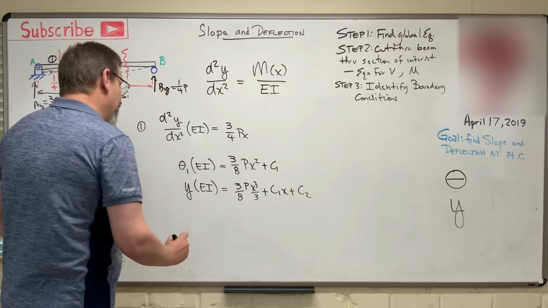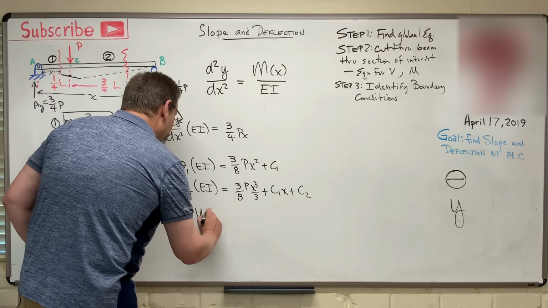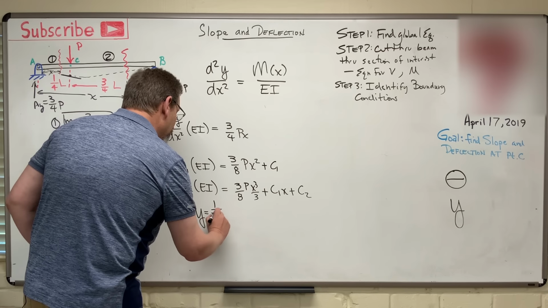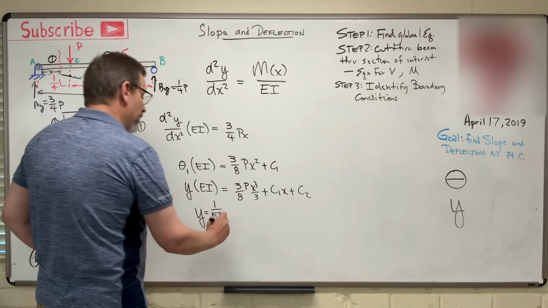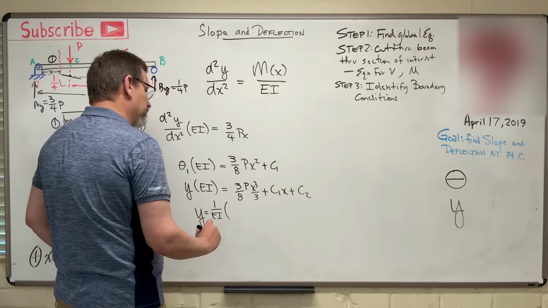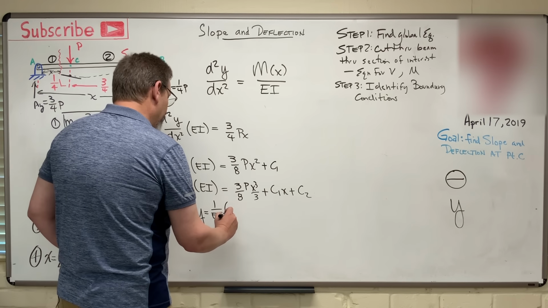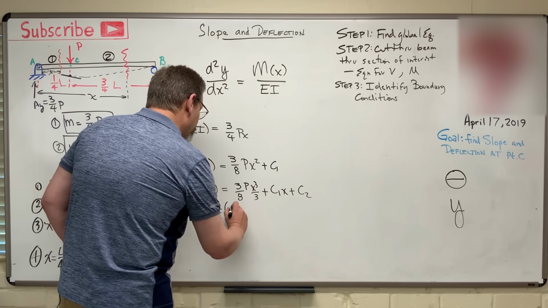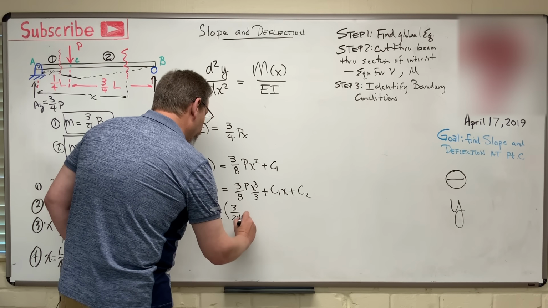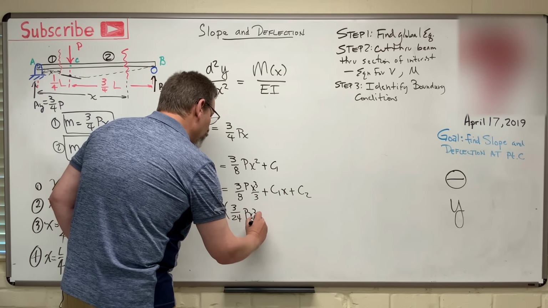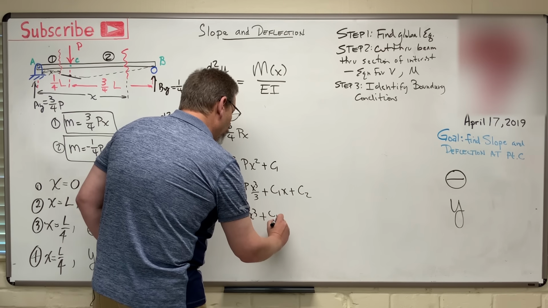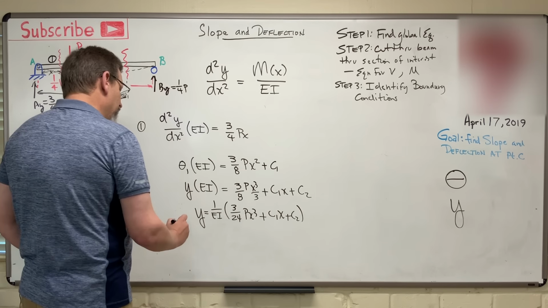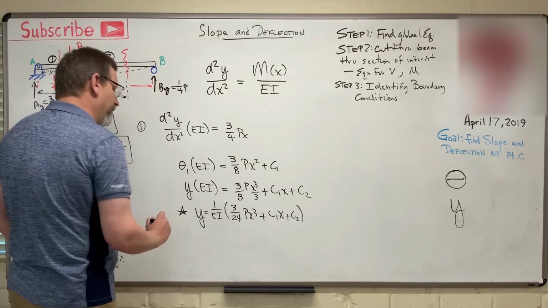So y is equal to 1 over EI times 3 over 24 px cubed plus c1x plus c2. Okay? So that's an equation right there. We'll put a little star by him.